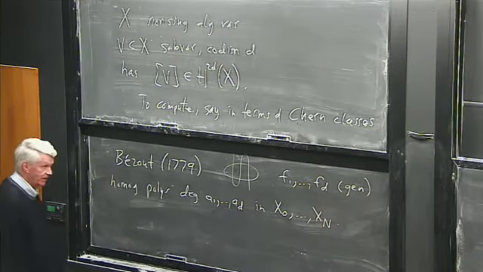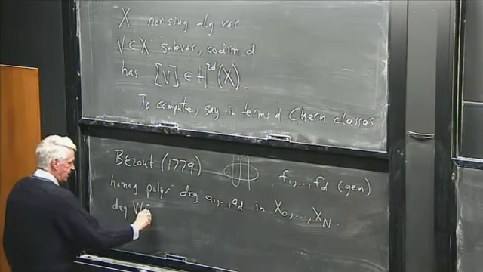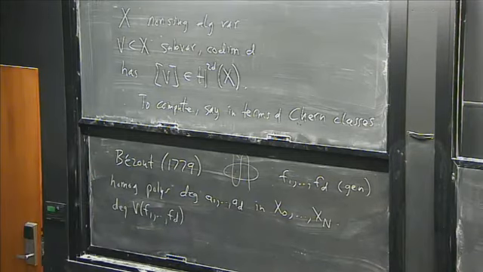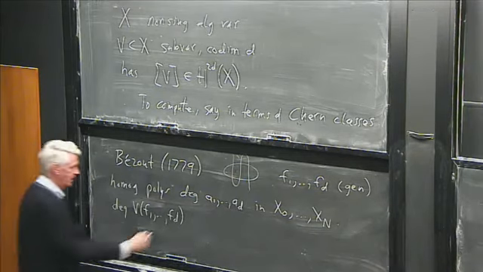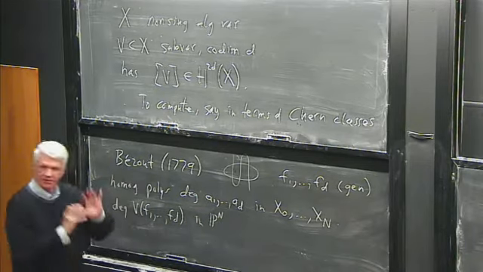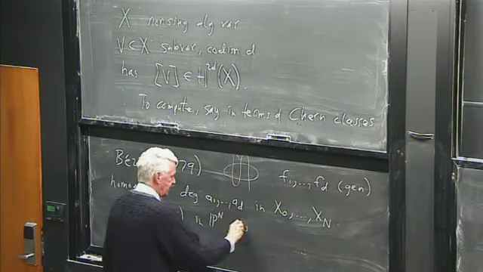What we would say in modern terms is that the degree of the zeros of F1 up to FD, so you look at the zeros of a bunch of homogeneous polynomials in the corresponding projective space, the compactification of C^n, should be the product of the degrees.